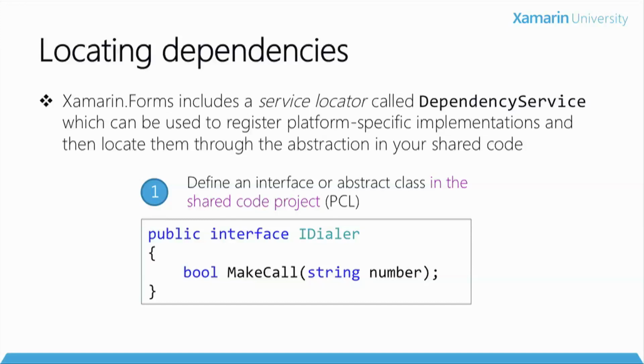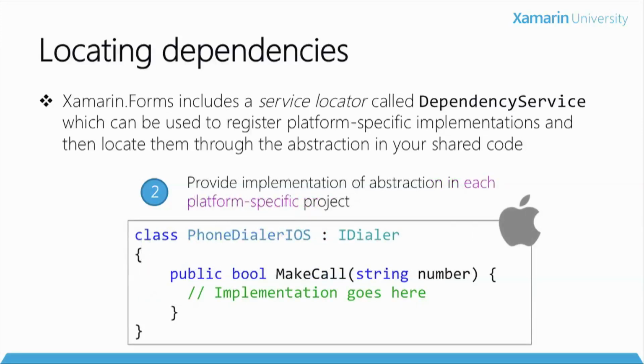And the platform-specific projects, they want to create concrete implementations of this interface. So let's define that in our portable class library. Next, for each platform-specific project, we will have implementations of this interface. So we'll have a PhoneDialerIOS, a PhoneDialerAndroid, and a PhoneDialerWindowsPhone.